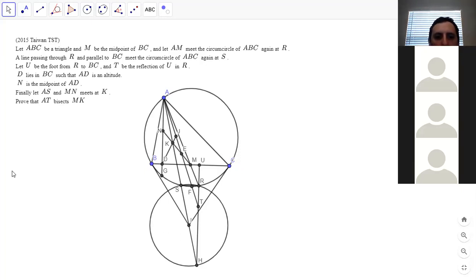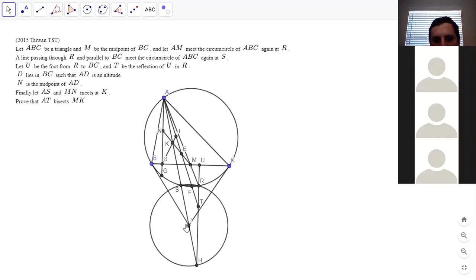How is that so? Basically, we mentioned that K lies on the symmedian, so AK passes through I, where I is the intersection of the tangents.